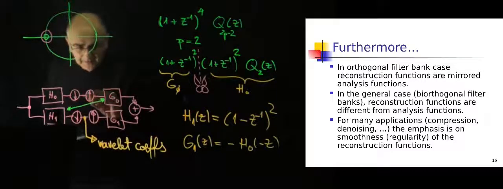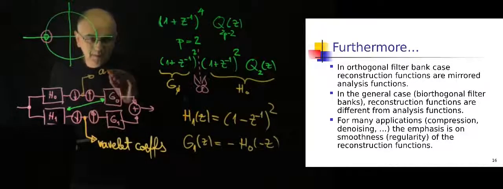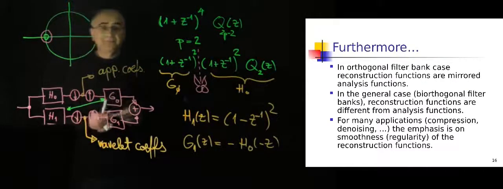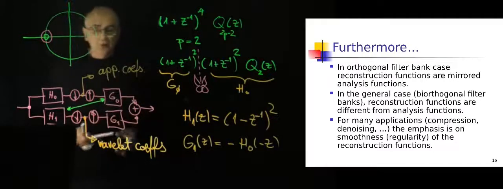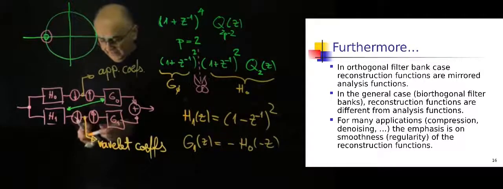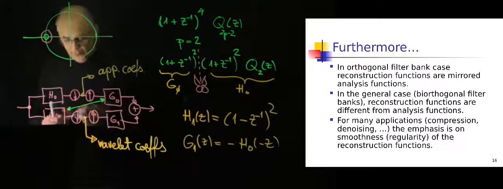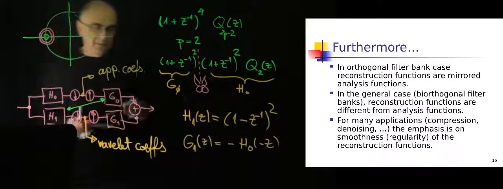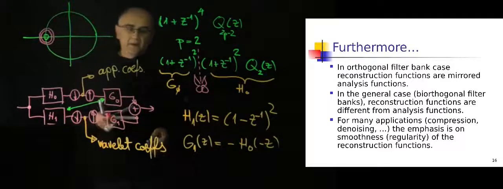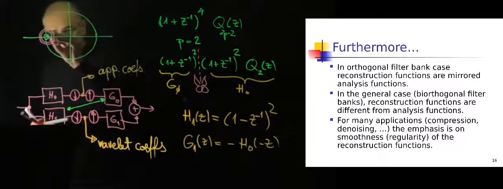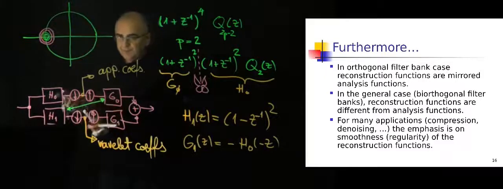So this point corresponds to approximation coefficients, which are not so important as our wavelet coefficients. So right now we had two zeros at the Nyquist frequency for J0 and two zeros for H0.